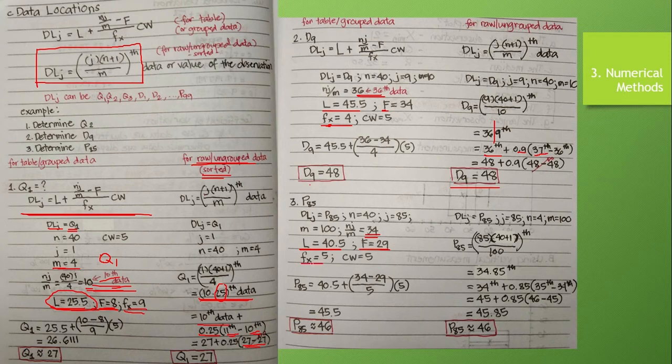Get the frequency of that class interval. Substitute all the values. Then you will get 46 approximately. Same with ungrouped or raw data, you will get 46 when rounded. So this is how we calculate measures of data location.